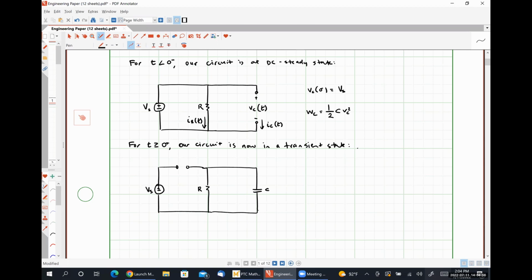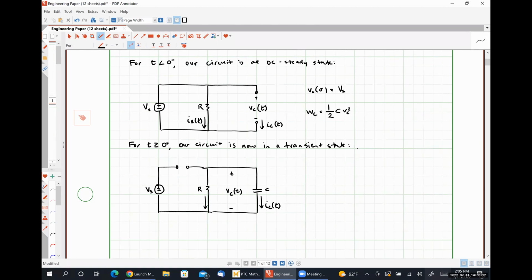And our capacitor is going to gradually transfer all of its stored energy to the resistor, which will then convert that energy into heat.